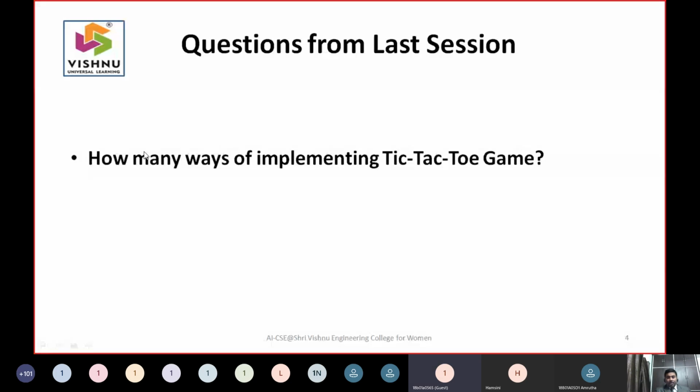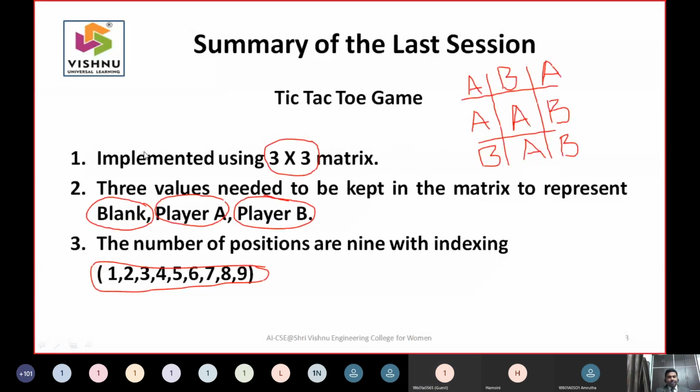Yes, what you said is right. But how many different parameters are there in representing the tic-tac-toe game? Let's see here. See, these three. How many are there? So a 3 by 3 matrix is there, and there are two things: some positions and some values.